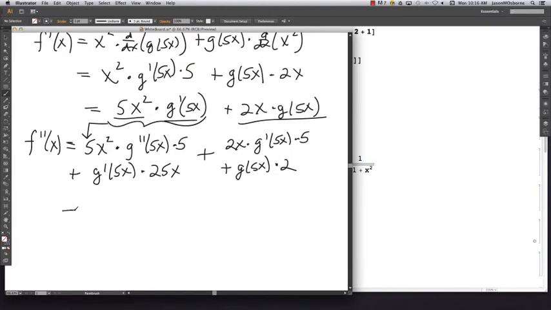So if you had to simplify that a little bit, here is a g prime of 5x, 25x, and here is 10x g prime of 5x, so that should make 35x g prime of 5x. Those two would combine right here.